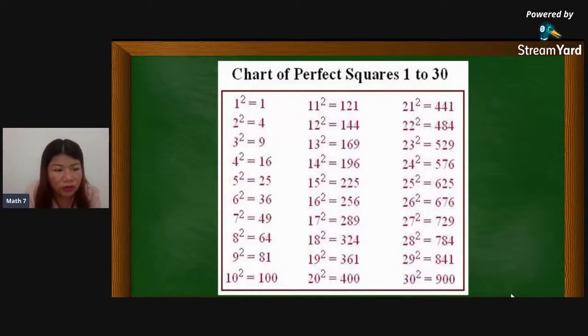Malabo nga. Wait lang, gawan ko ng paraan. Saglit lang po, para happy ang lahat.